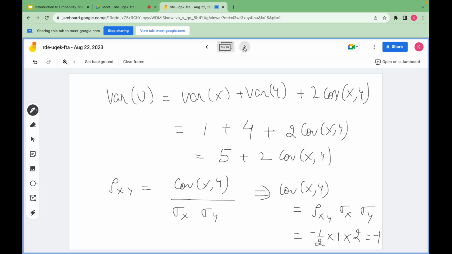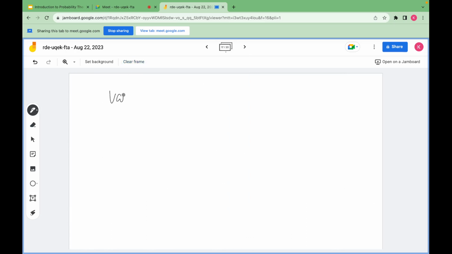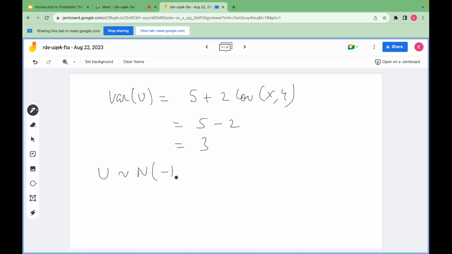So the variance of u is 5 plus 2 into covariance of x comma y, 5 minus 2, which is equal to 3. So this u is normally distributed with mean minus 1 and variance, sigma square, 3.